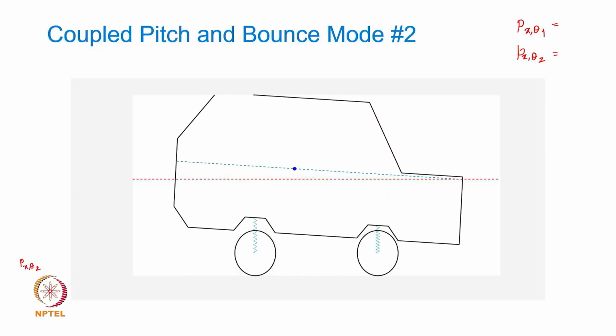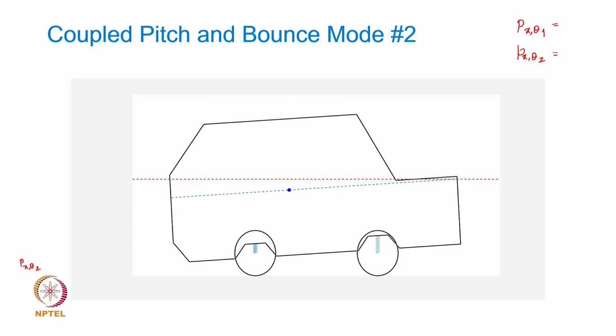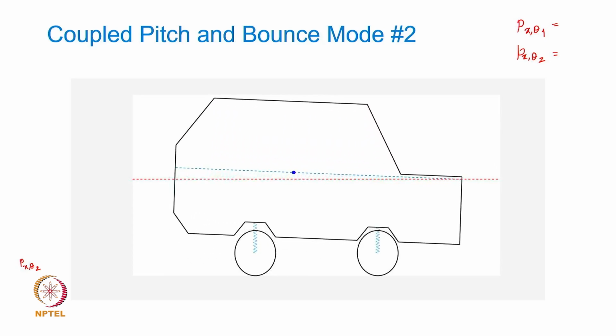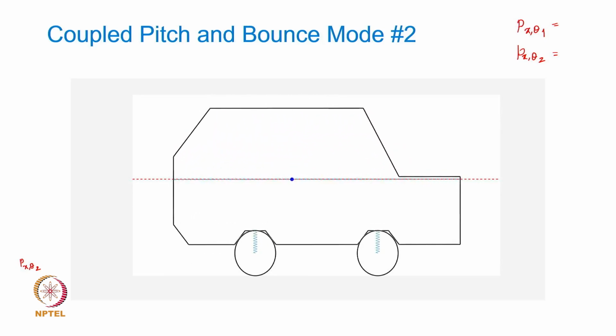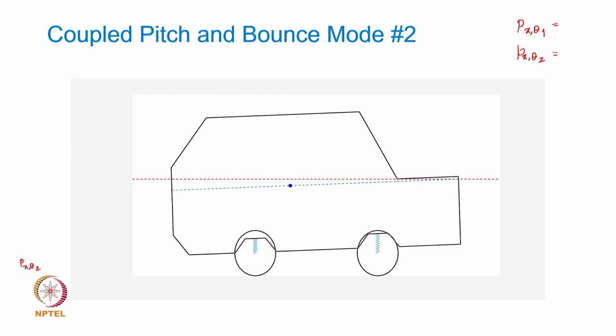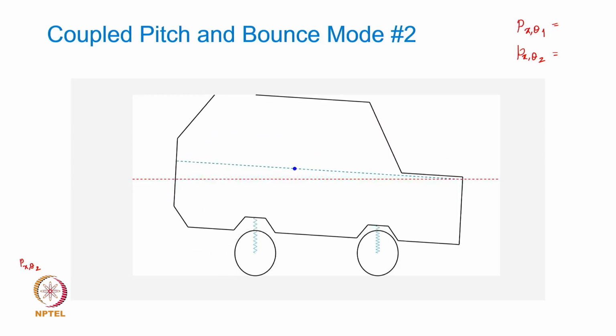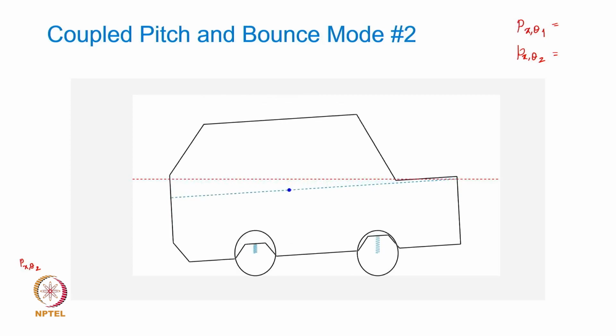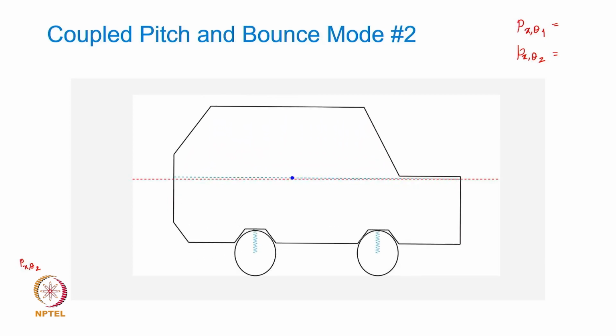And you are also observing here that the time period for the pitch motion and the time period for the bounce motion will be exactly identical. That has to be, all of them will complete their cycle in the same period of time. So, there will be a period of oscillation and the motion is going to be harmonic.